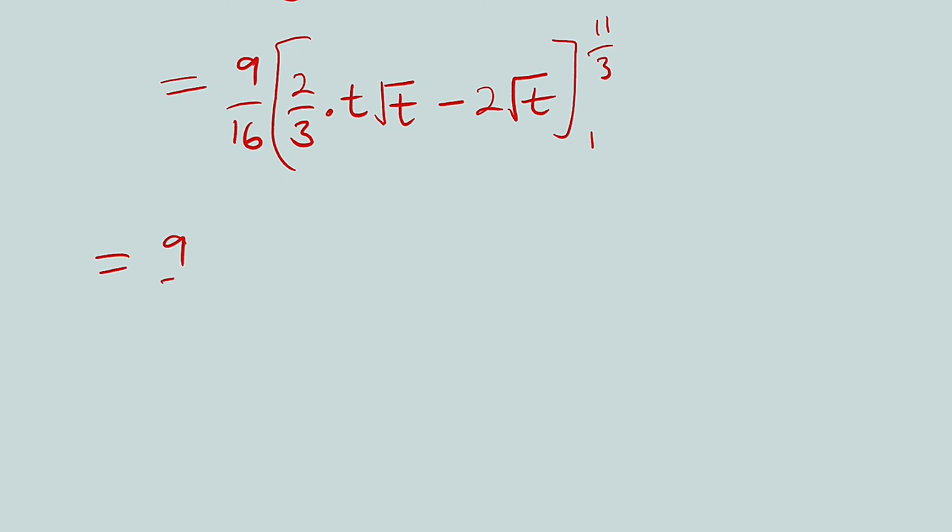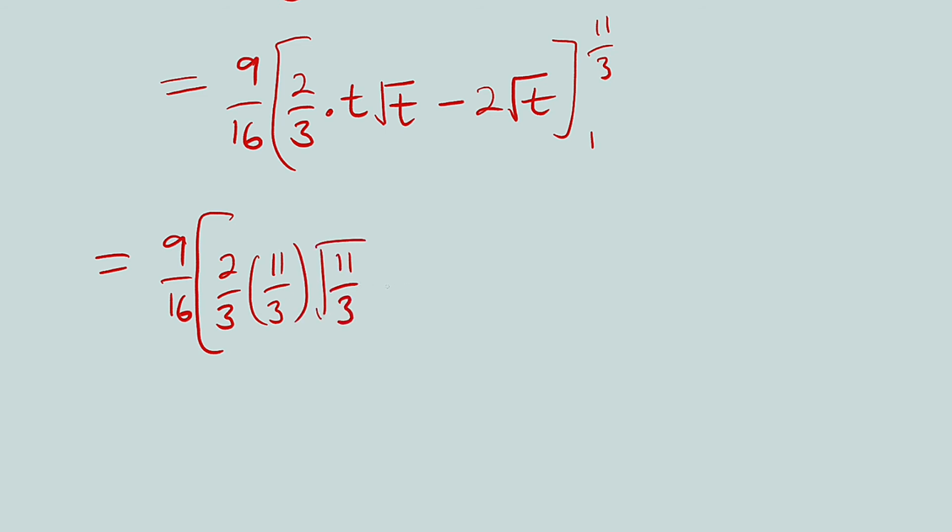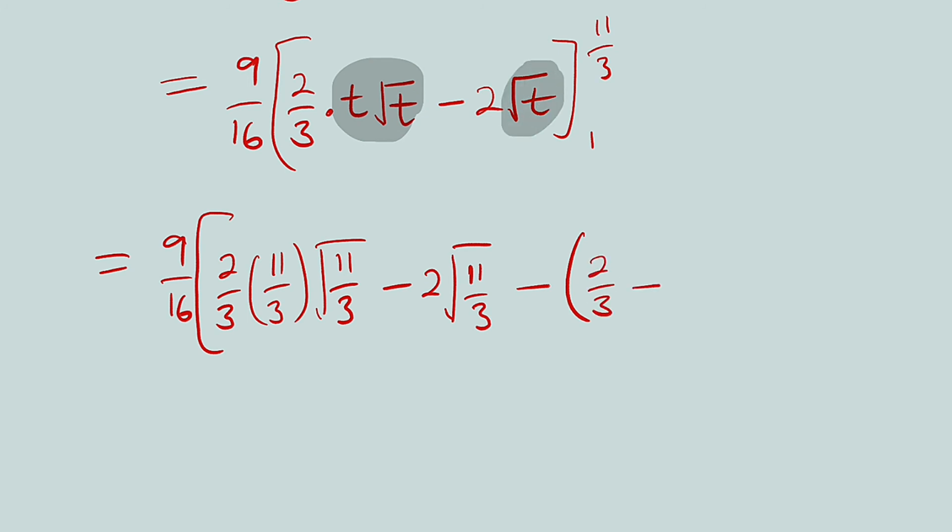This is equal to 9 over 16, 2 over 3. t is 11 over 3 multiplied by square root of 11 over 3 minus 2 multiplied by square root of 11 over 3. Then we subtract the lower bound. The lower bound, wherever you see t, you replace it with 1. So the whole of this becomes 1. We have 2 over 3, 2 over 3, then minus. Substituting 1 here, it becomes 1. We have only 2.